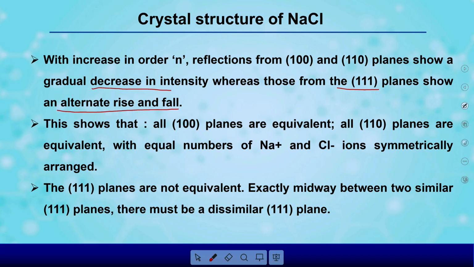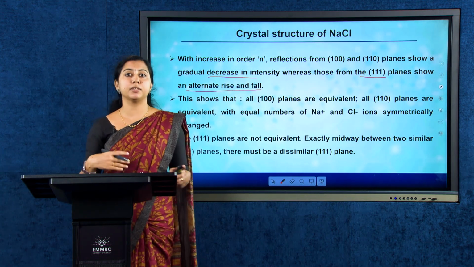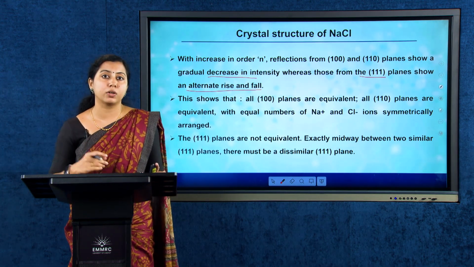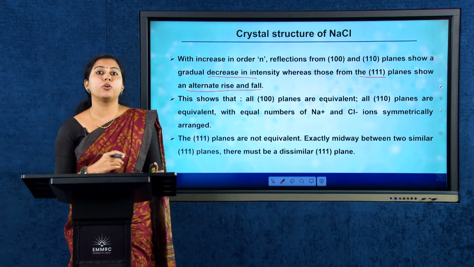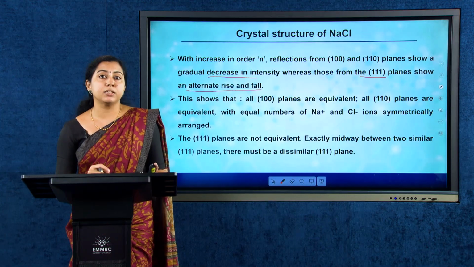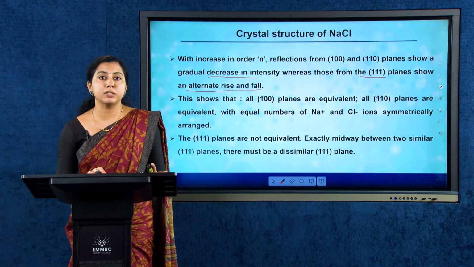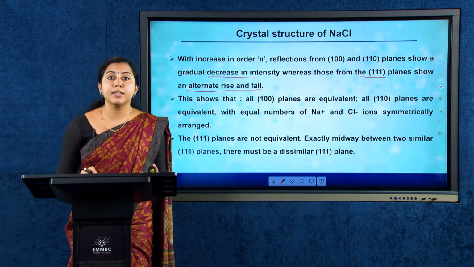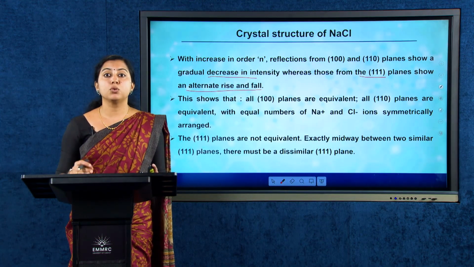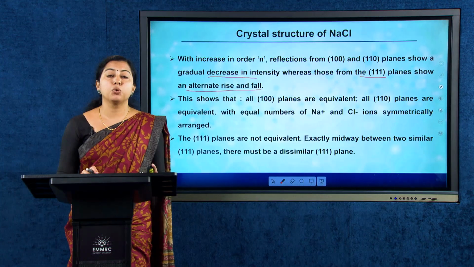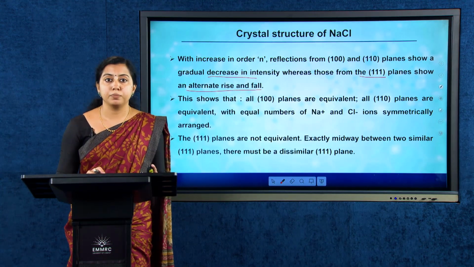Here, n is the order of diffraction. So, with increase in the order of diffraction, we can observe that reflections from the 100 and 110 planes show a gradual decrease in intensity, whereas those from the 111 planes show an alternate rise and fall.